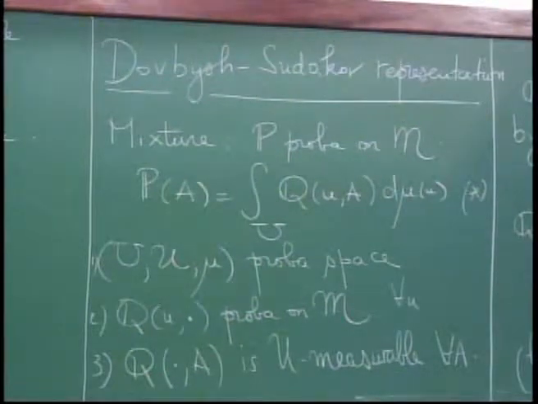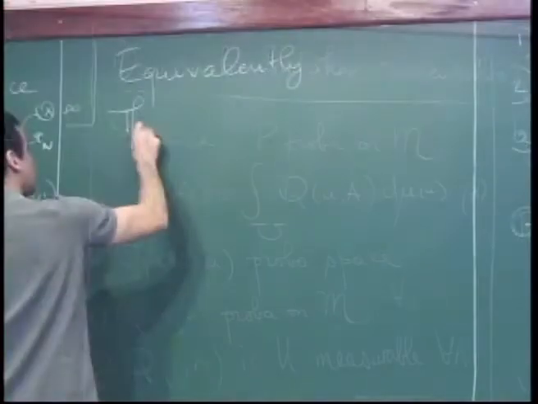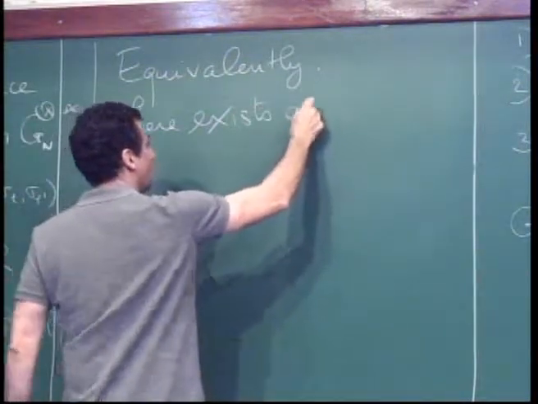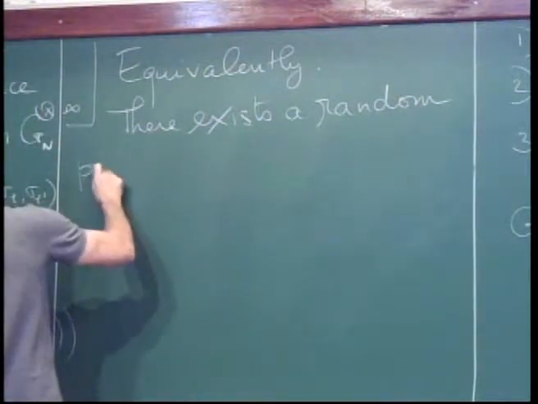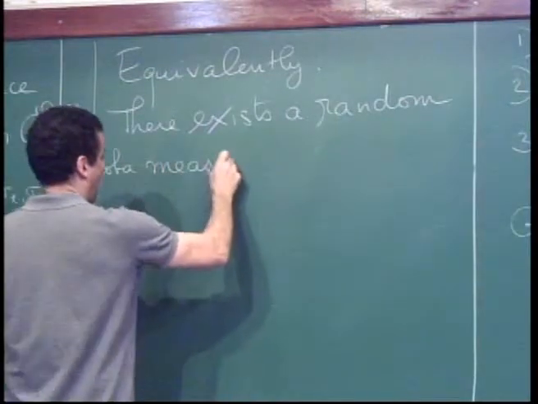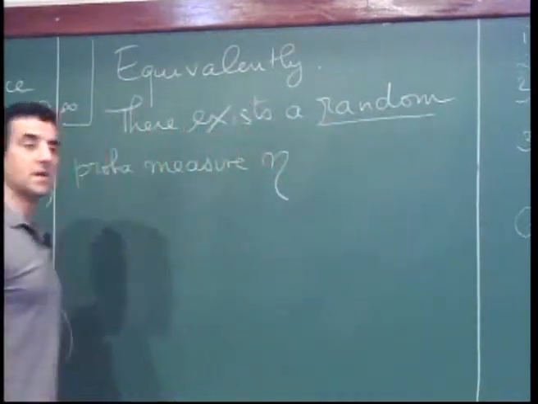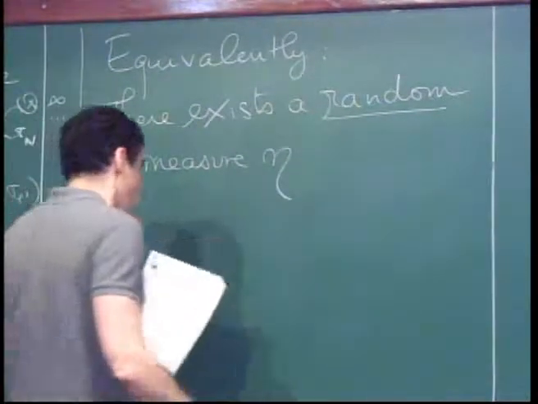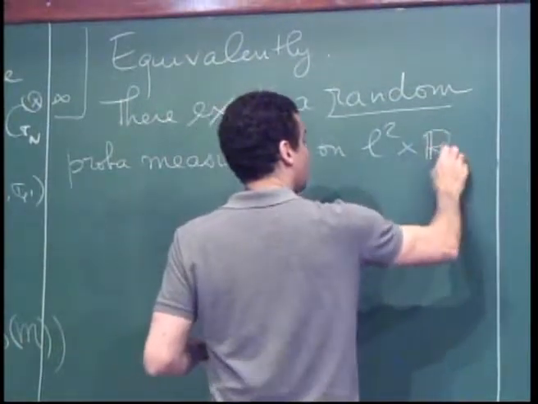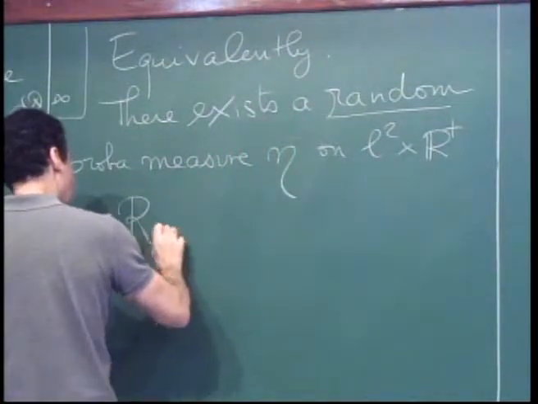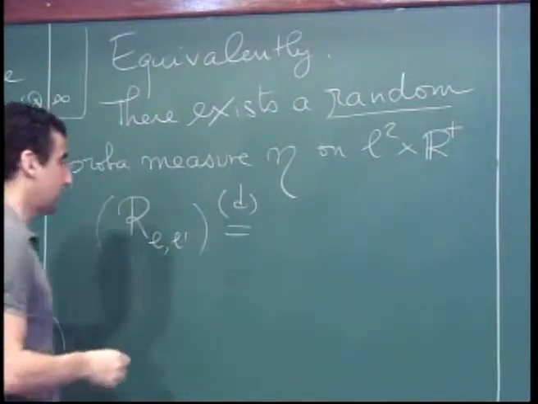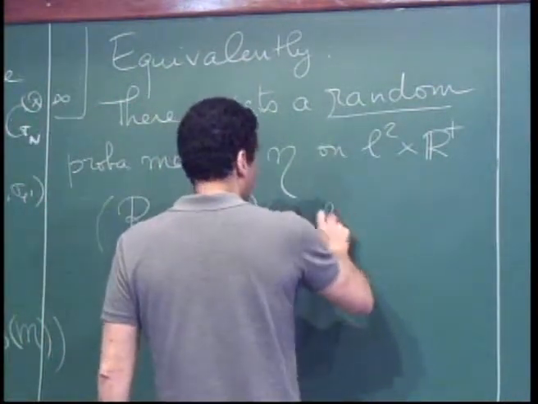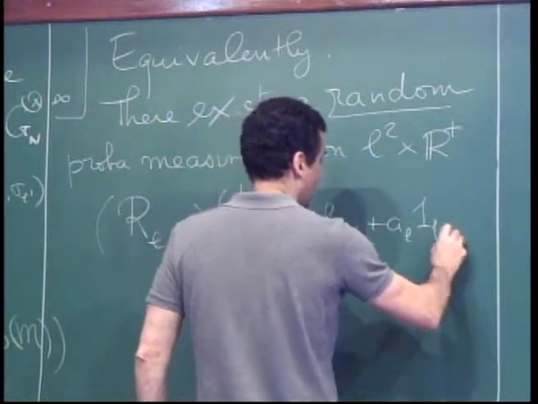Equivalently, there exists a random probability measure eta, so now it's random, it's eta depending on U if you want, on L2 cross R plus, such that the distribution of RL prime under P is the same distribution as what I wrote over there, HL, HL prime, plus AL, indicator of L equal L prime.